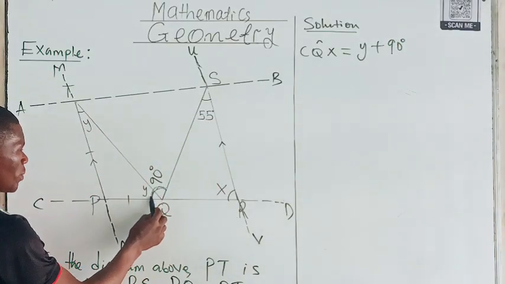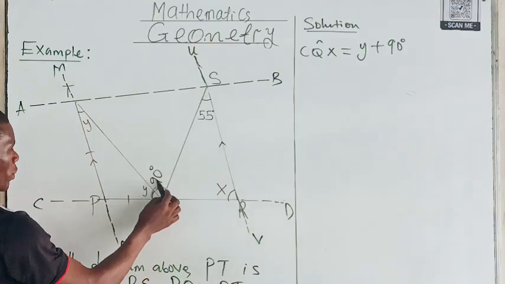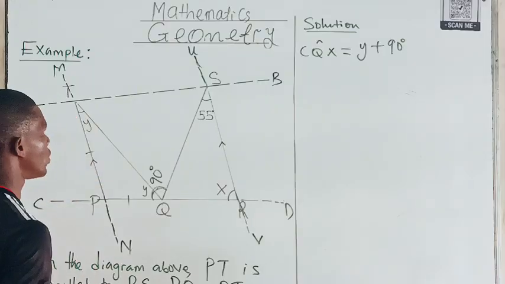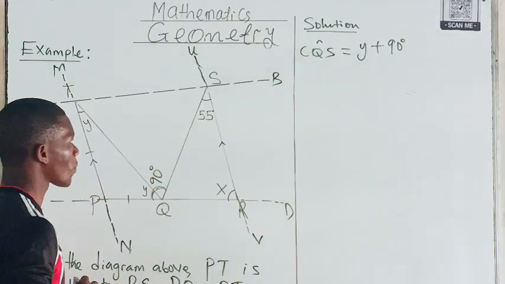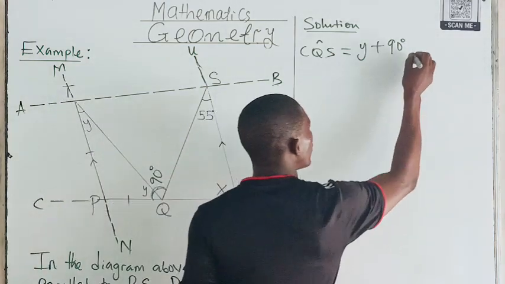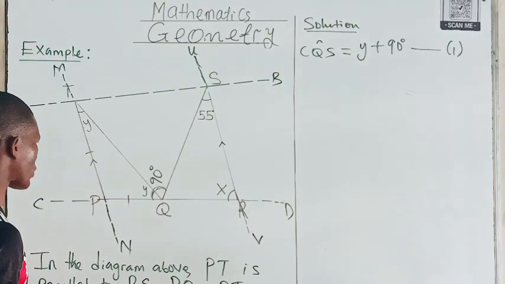This place makes the whole of this angle, y plus 90 degrees. That's what gives CQX. Let's call that equation one.